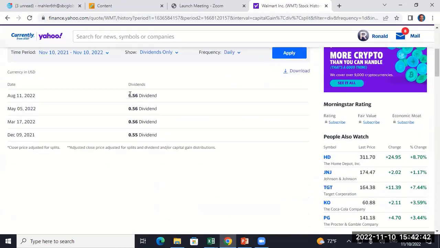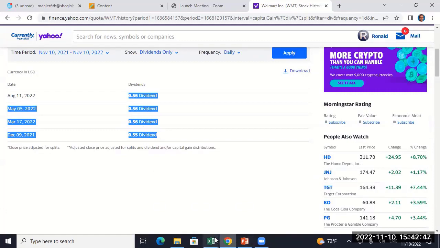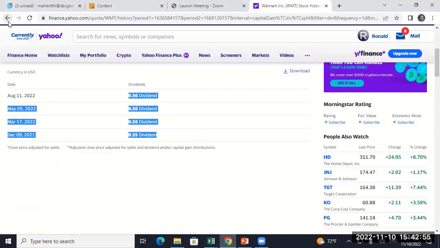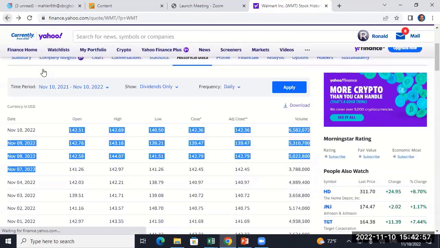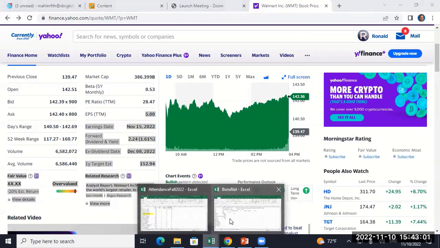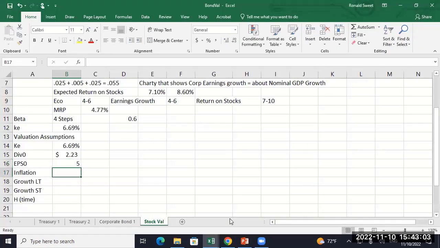And dividend 0 is just the last 4 quarters. So theirs is actually 2.23. Earnings per share, you can just pull from that front page. Their earnings per share is a nice, even number, $5.